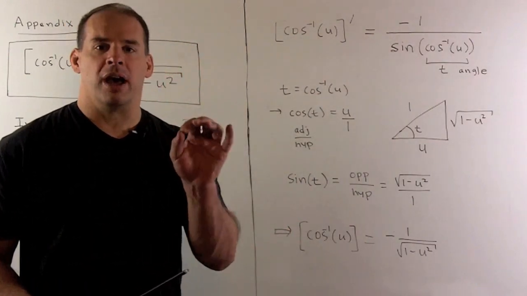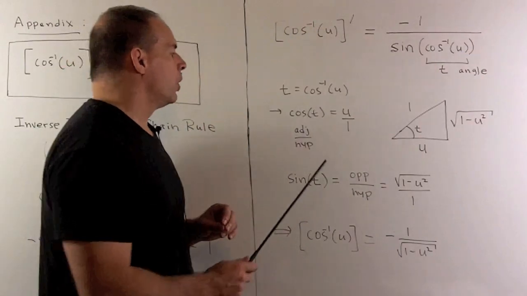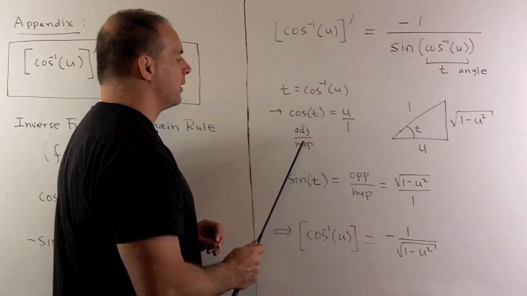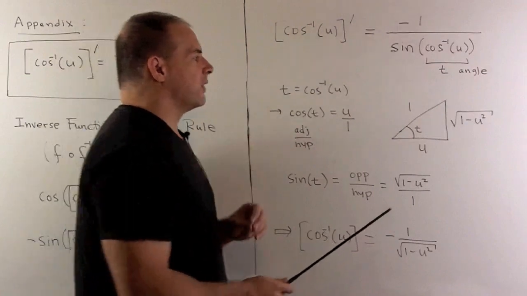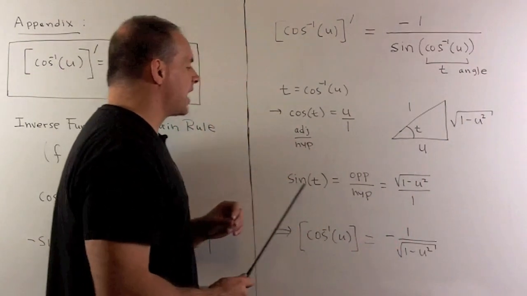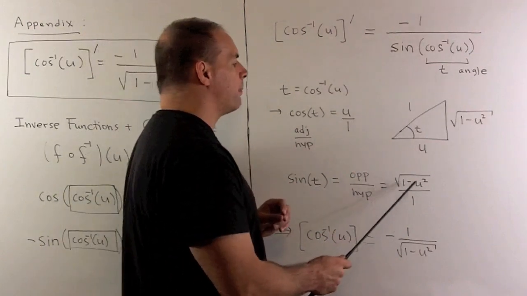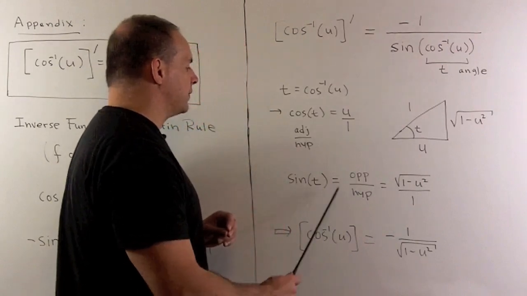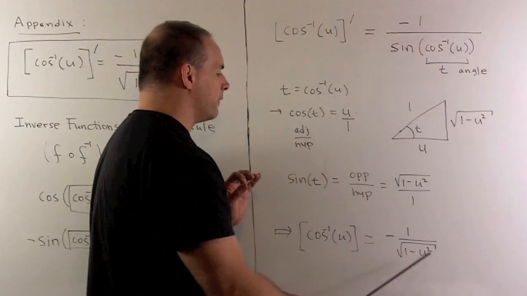U, I could think of as u over 1, and then we can apply that to our right triangle, where the adjacent side to our angle t is u, and the length of the hypotenuse is 1. So that means the length of the opposite side is going to be square root of 1 minus u squared. And then the sine of t is going to be equal to opposite over hypotenuse, which is square root of 1 minus u squared over 1. Now, we just take sine of t, replace it in our formula, and that gives us the derivative of inverse cosine.